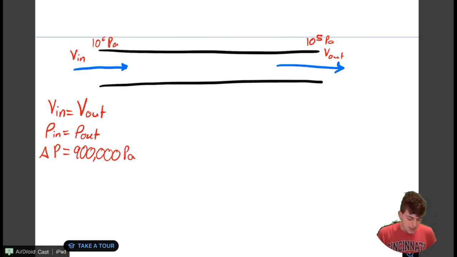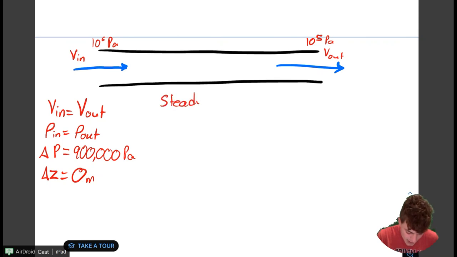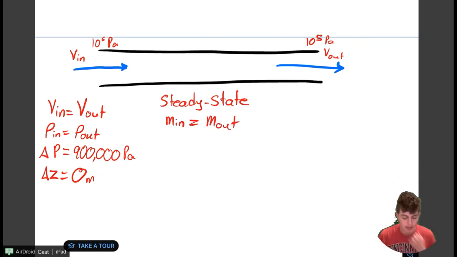We can also say that the change in z is going to be 0, and that would be some unit of length, because the pipe is indeed horizontal. Now, the other thing that I'm going to stipulate here is that we have some sort of steady state interaction happening, or that the mass going into the system is equal to the mass exiting the system here.